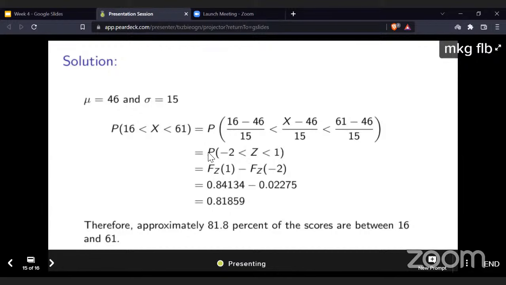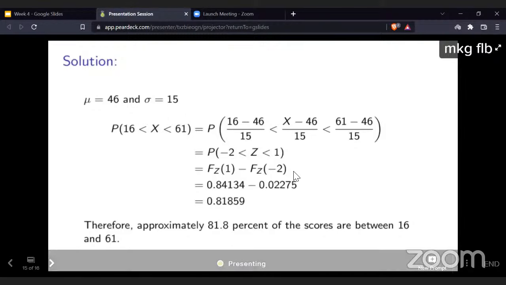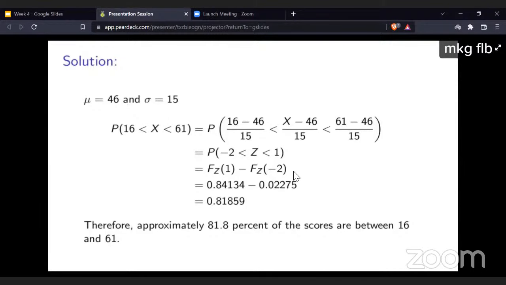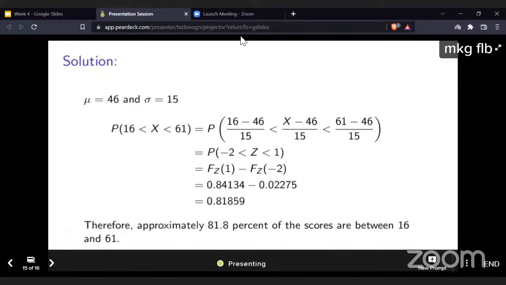Same thing we do with Z here because Z is also a random variable. The probability that Z lies between minus 2 and 1 becomes Fz of 1 minus Fz of minus 2. Those values are already given in the question, so you can use them to solve the problem.